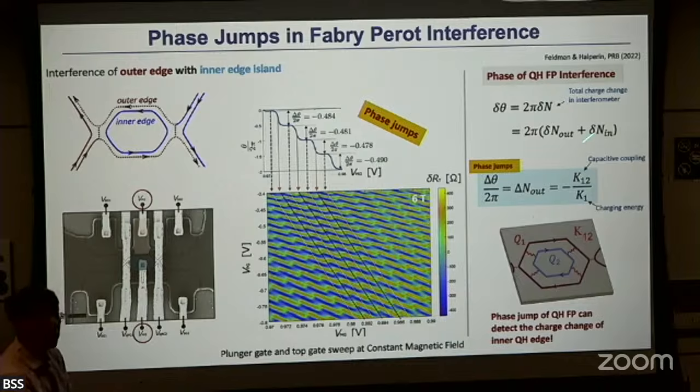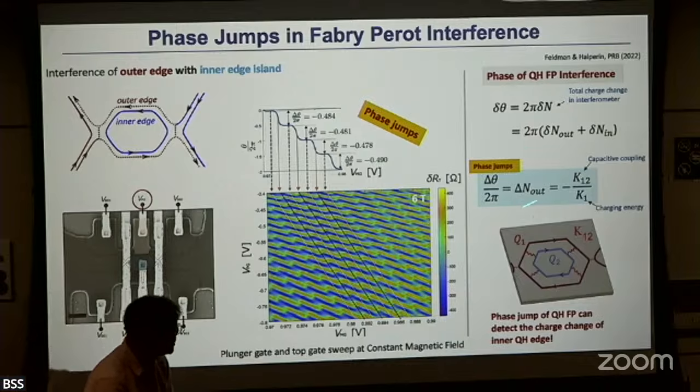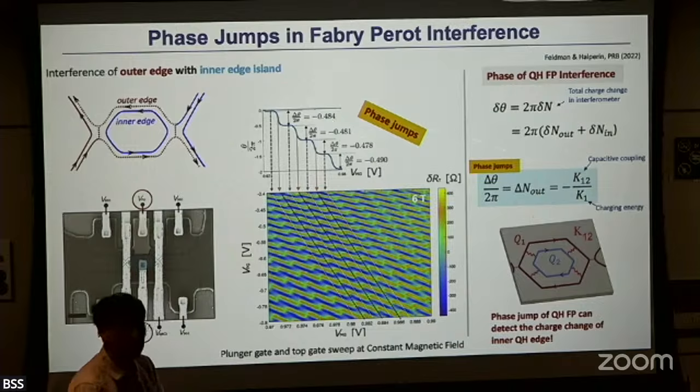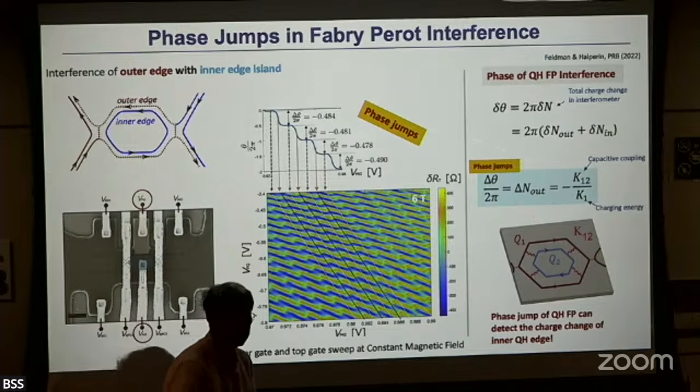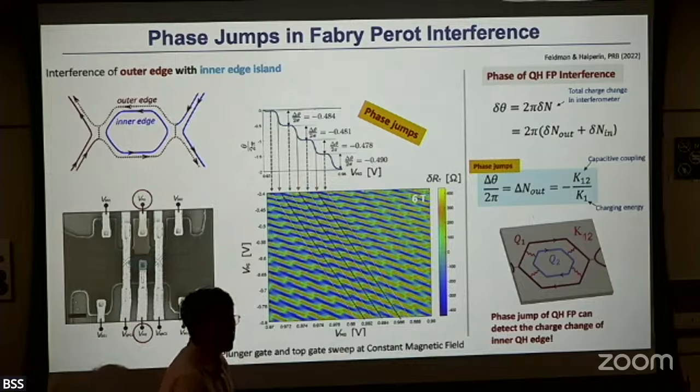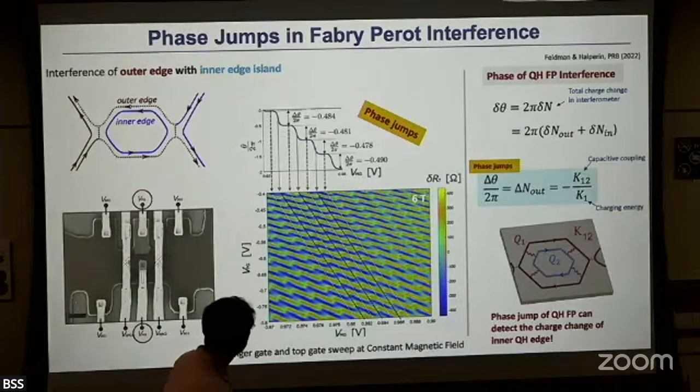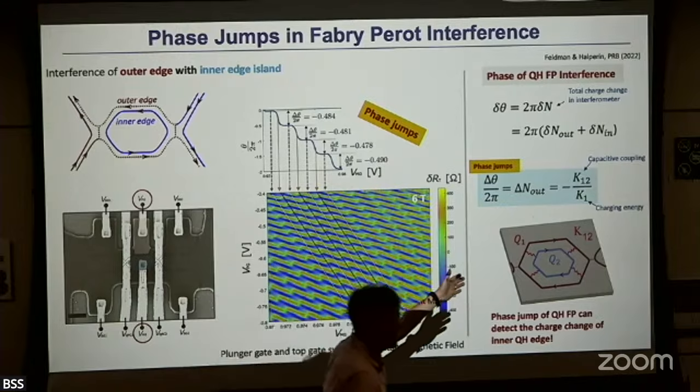And the detailed electrostatic analysis tells you that this phase slip is related to the amount of charge you change in your cavity, right? That's one important point to be made here. So this phase slip is related to the occupation of the charges inside of the cavity.